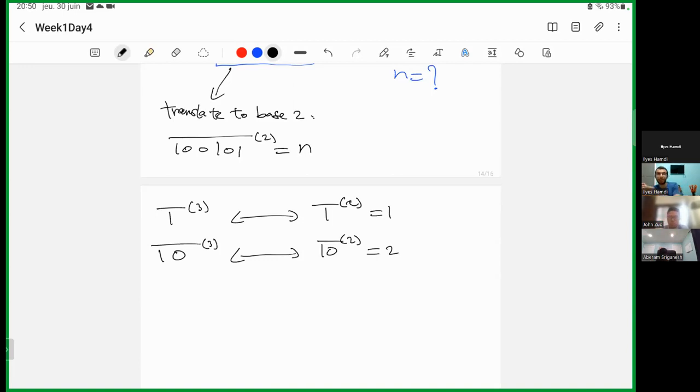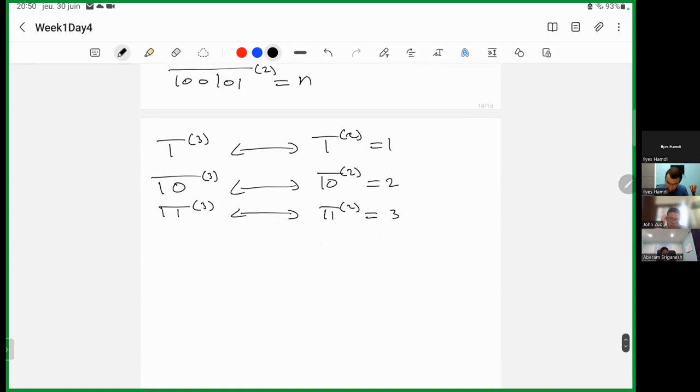This means I'm actually covering all numbers. So if you cover all numbers, this means you cover 1, 2, 3, 4, 5, 6, 7, 8, 9, 10. And this means it's a numbering. So if I keep going, I will have found all integers, right?